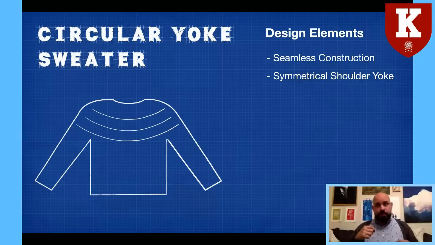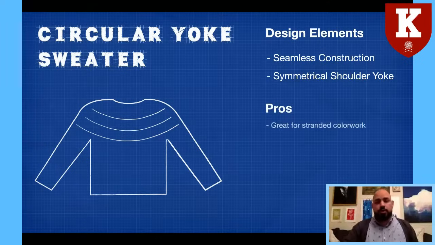And as your increases are symmetrical, it's very easy to design for it because you can build in your elements as you go. So this is really commonly used for color work, stranded color work in particular.